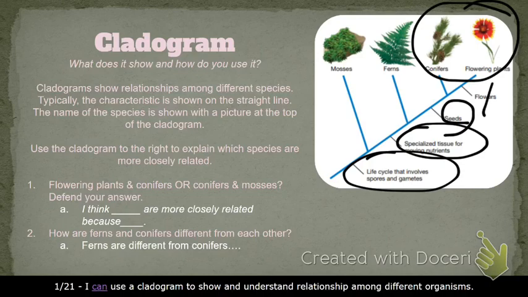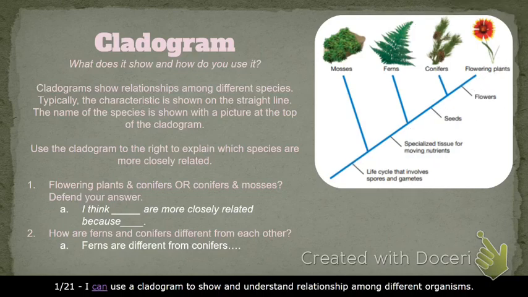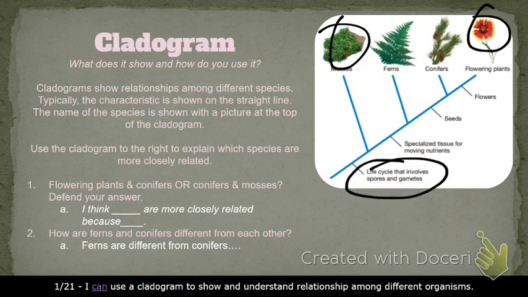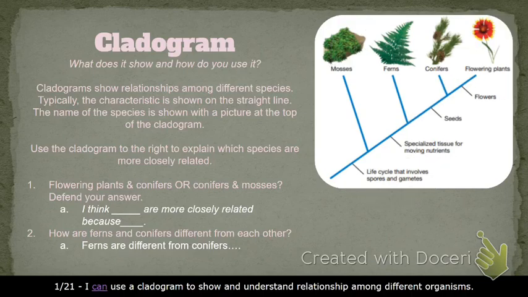The only thing they don't have in common is the flowers. That's very different from flowering plants and mosses, because a moss does not have any of that. So I hope that helps you understand cladograms.